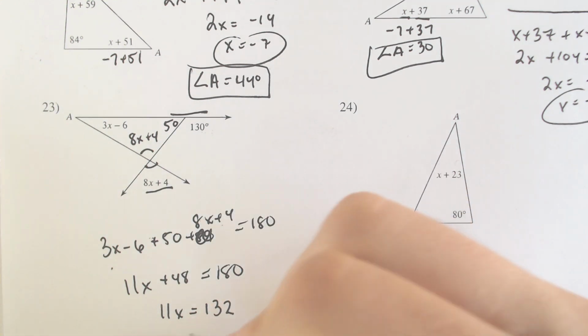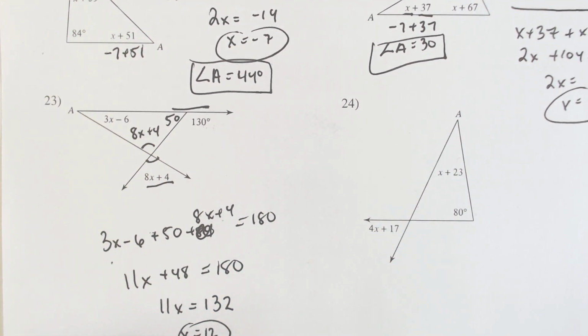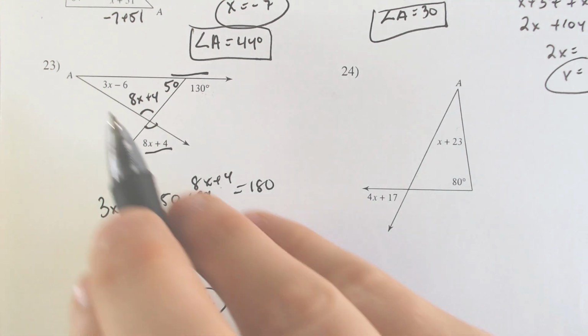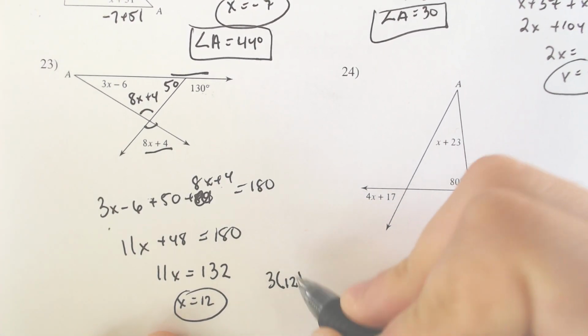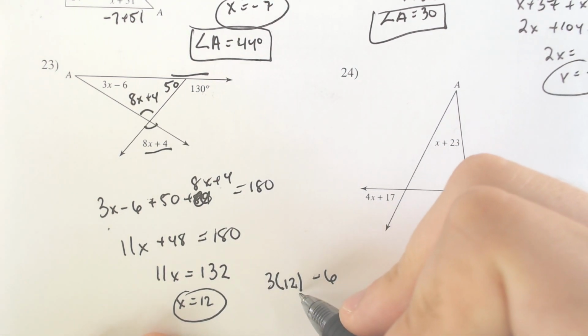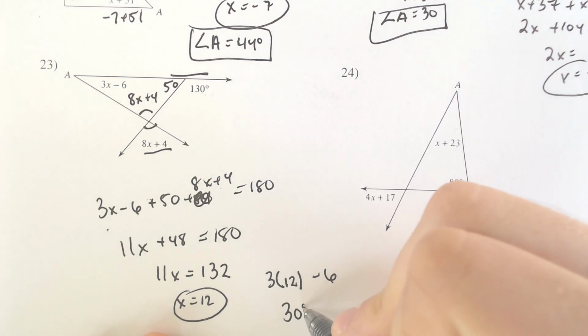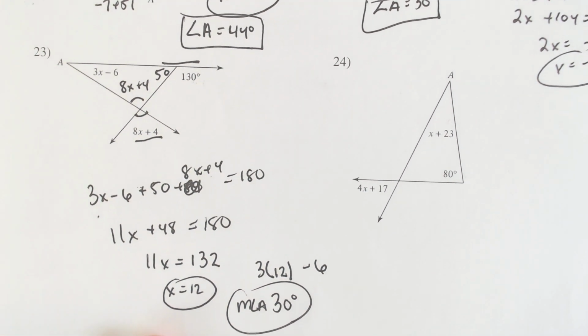Divide the 132 by 11, you get x is equal to 12. Again, make sure that you're finding angle A, not just x. Angle A is over here, so that would be 3 times x minus 6. So that would be 3 times 12 minus 6, which ends up being a measure for angle A of 30 degrees.